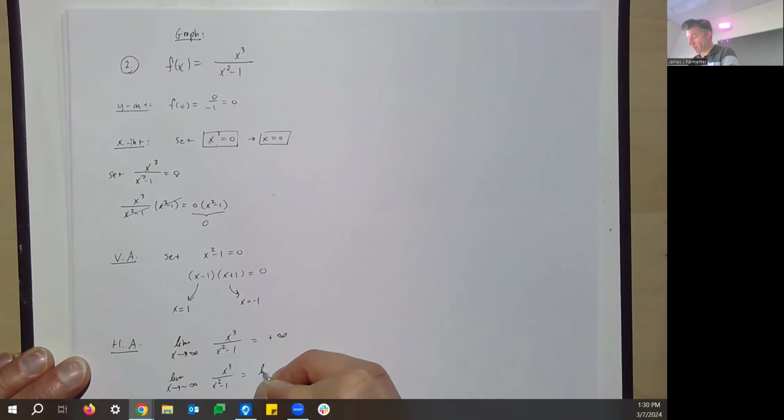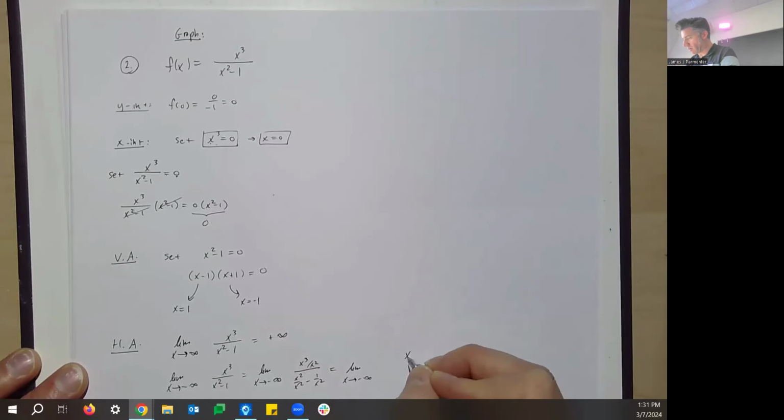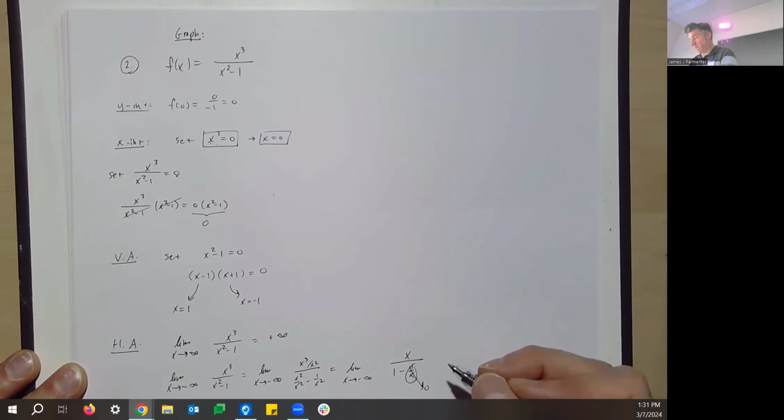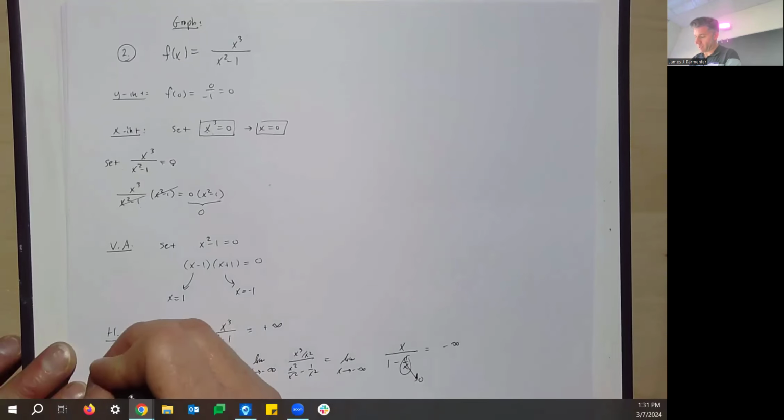If I divide the top and bottom by x squared, I'm going to get x cubed over x squared on top over x squared minus 1 over x squared, which becomes the limit as x goes to negative infinity of x over 1 minus 1 over x. The 1 over x goes to 0, and the x goes to negative infinity. So we get negative infinity, which means we don't have a horizontal asymptote.